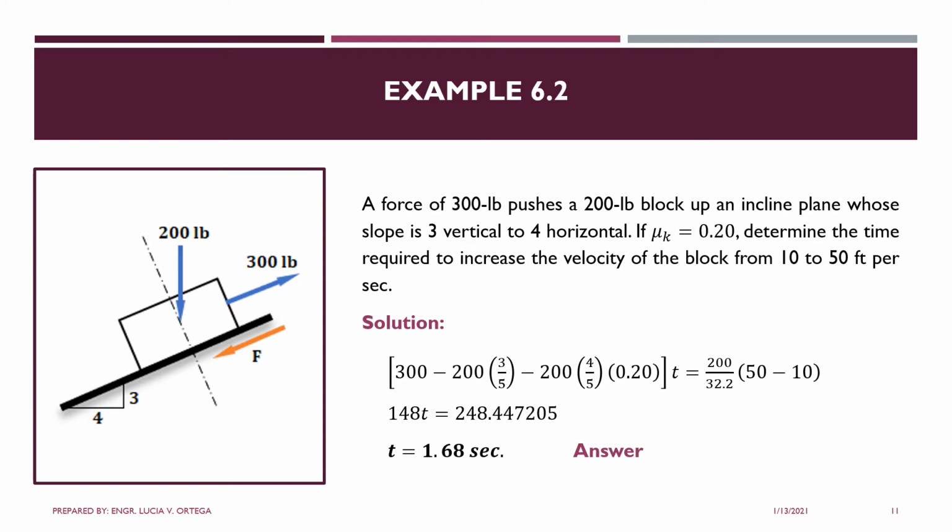And then this net force multiplied by time is equal to mass W over G times final velocity minus initial velocity. Simplifying the equation and solving for time, the time would be 1.68 seconds. So the velocity will change from 10 feet per second to 50 feet per second.